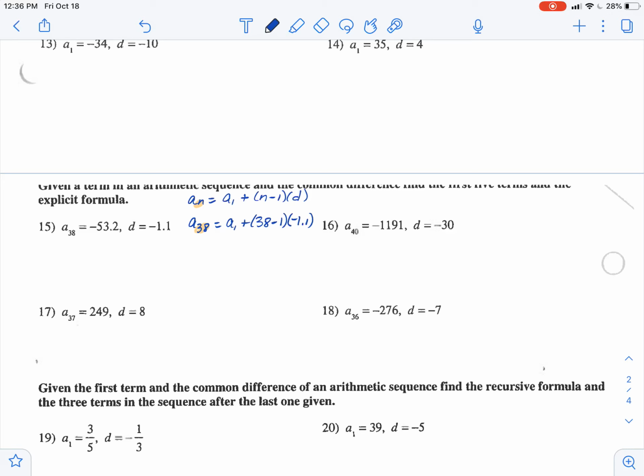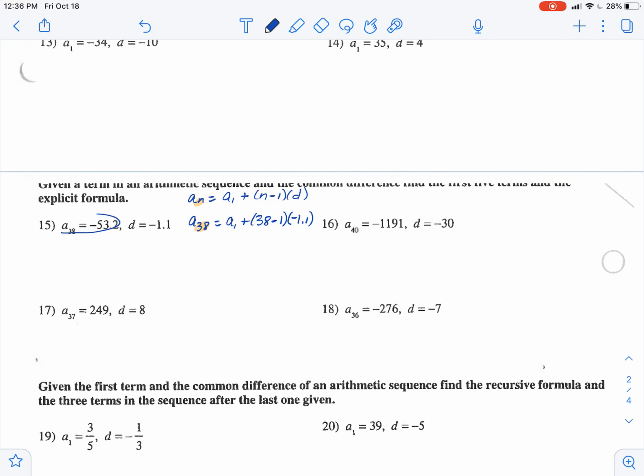So that's kind of what we were looking at before. Now, they do tell us here, guys, that a sub 38 is negative 53.2. So I could put that in place and I could simplify.